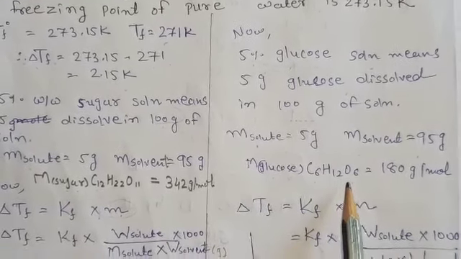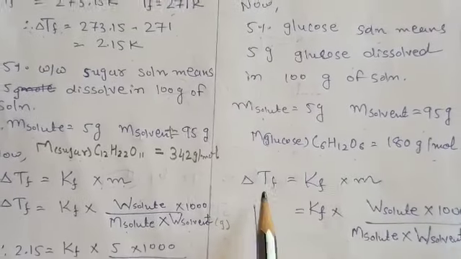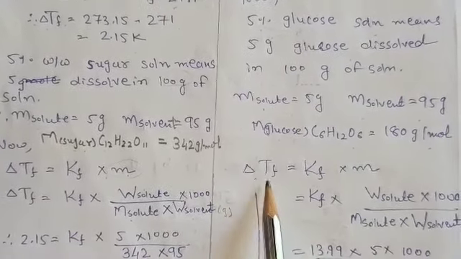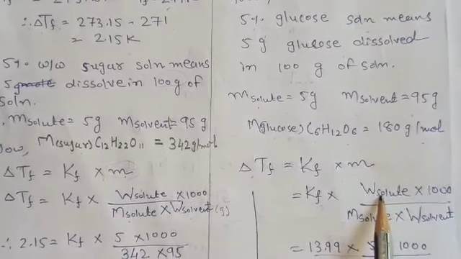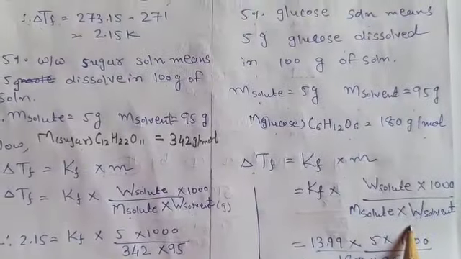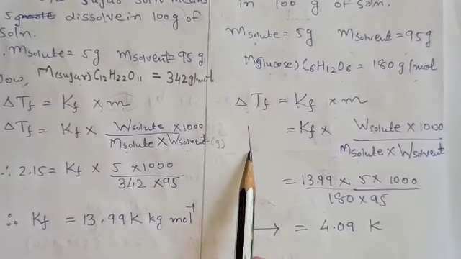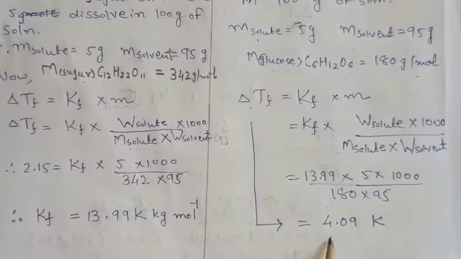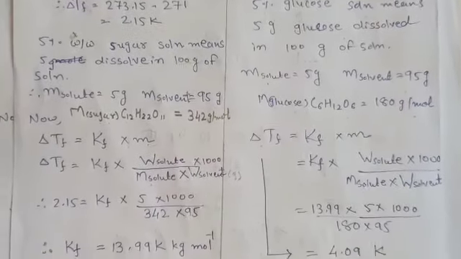So molar mass of glucose is 180 gram per mole. Now again use this formula, delta TF is equal to KF into m, where m is the molality and molality is equal to mass of solute divided by molar mass of solute into mass of solvent, and you will get the depression in freezing point as 4.09 Kelvin for the 5% glucose solution, right?